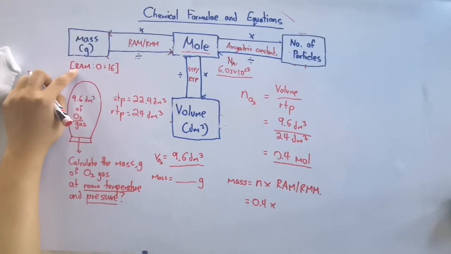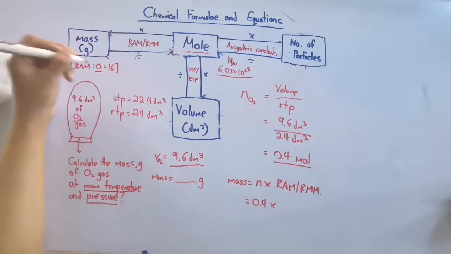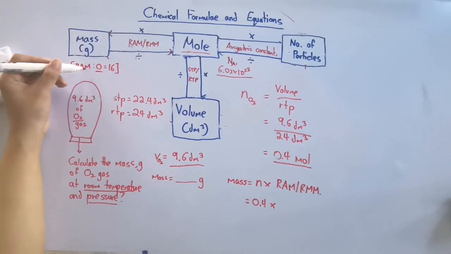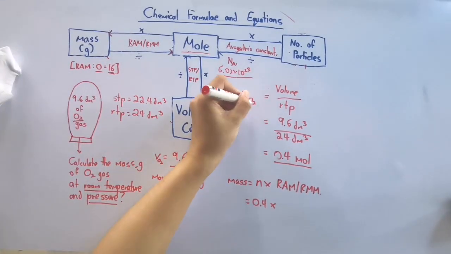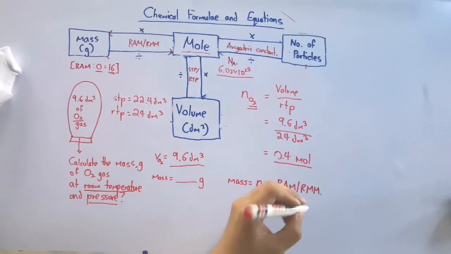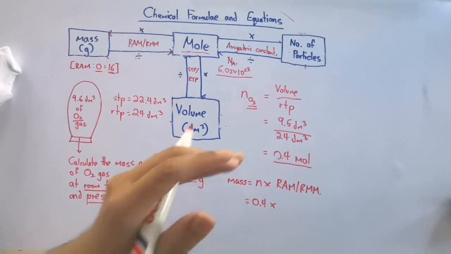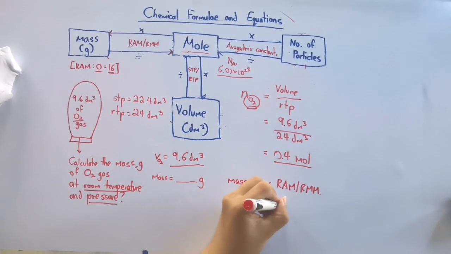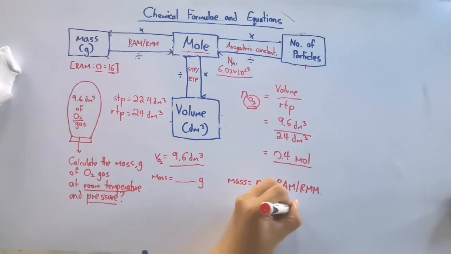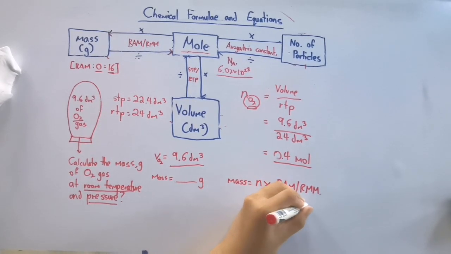But please note that RAM of oxygen is 16 means that one atom of oxygen has the relative mass of 16. In this case, we are talking about oxygen O2, which means that we actually have to consider how many atoms in the O2 oxygen gas molecule. So, since we are talking about O2, I have to multiply by 16 multiplied by 2. I'm going to put this in bracket for you.